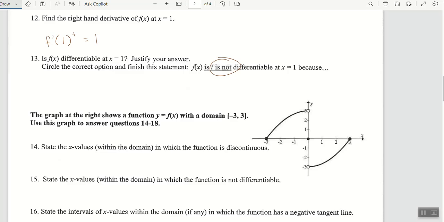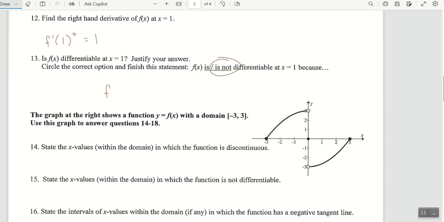Because... I'm just looking for different explanations, and I heard several people. Sean, what was yours? Because? Abigail, you said something as well, I just didn't catch it. It's not continuous. The derivative isn't, right? Now, you're correct.